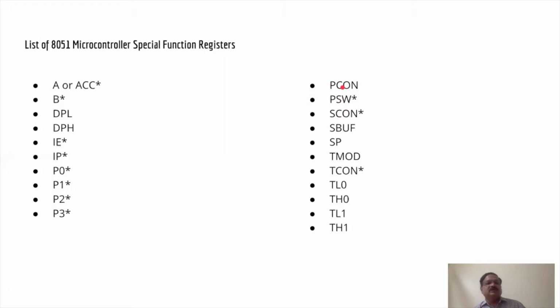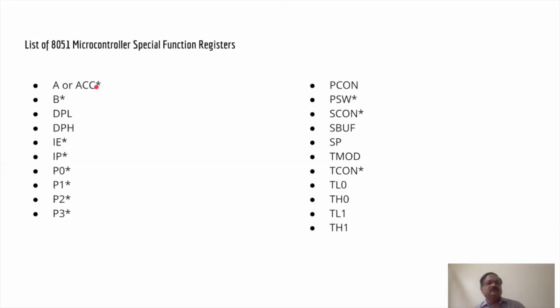Now in these you will find that some of the registers have a star mark. What is that? Star mark means those are bit addressable registers, right? So what are the bit addressable SFRs in the 8051?